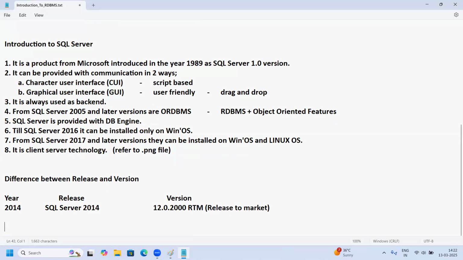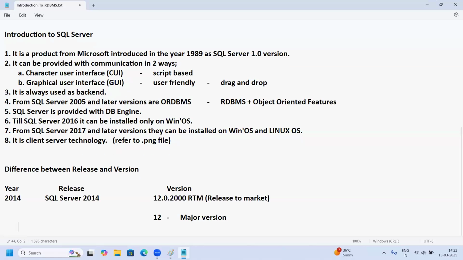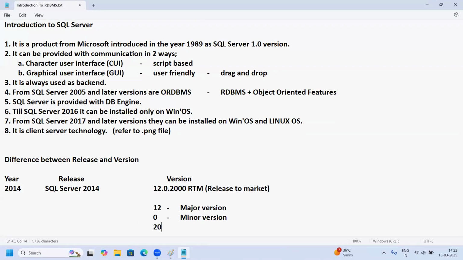12.0.2000. Yes. What is 12? 12 is called major version. 0 is called minor version. 2000 is called build version, or you call it patch version.